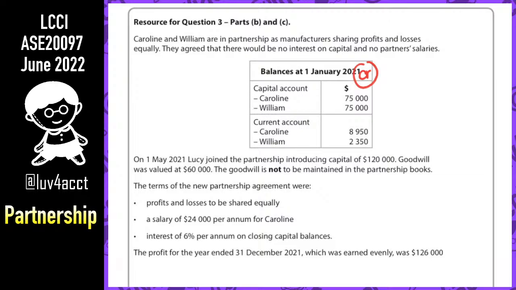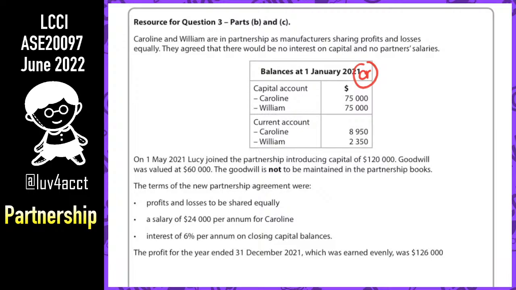The terms of the new partnership agreement were as follows. Profit and losses still shared equally, but now it is for 3 parts, originally it was 2. A salary of $24,000 per annum for Caroline. Interest of 6% per annum on closing capital balances.